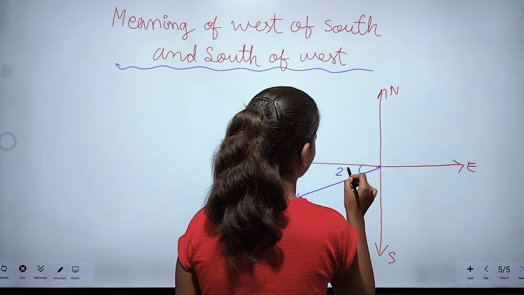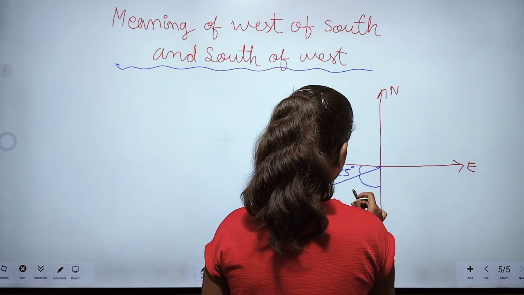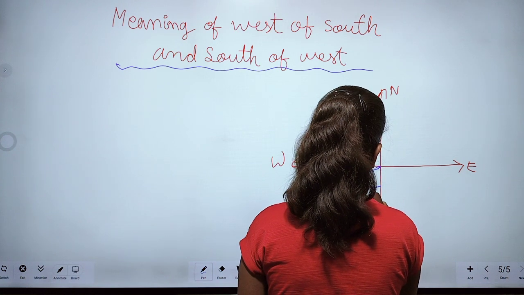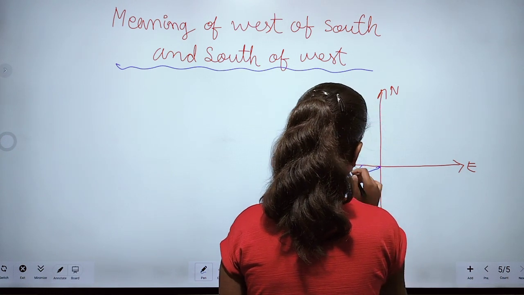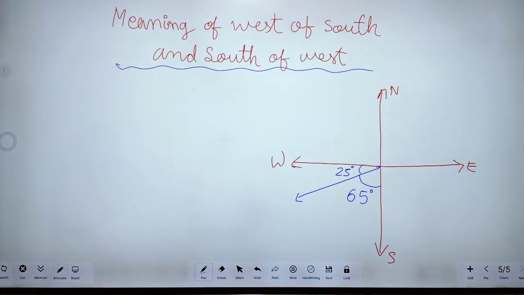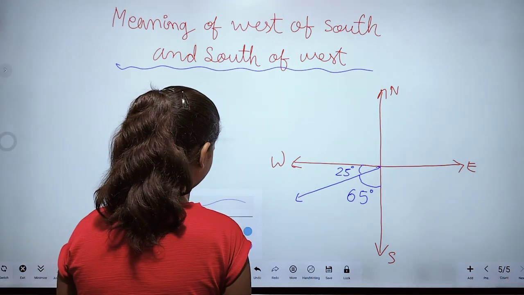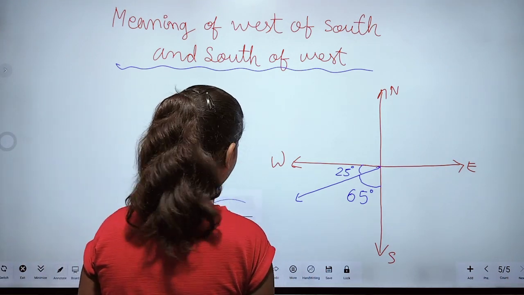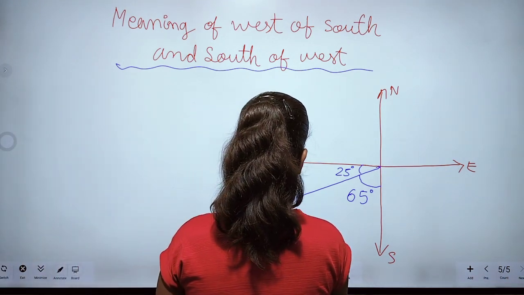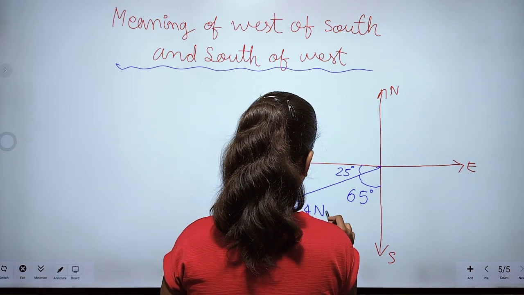This one is 25 degree and this one is 65 degree. Okay. 65 plus 25 is equal to 90. And also write like this. This one is force is equal to 4 Newton.